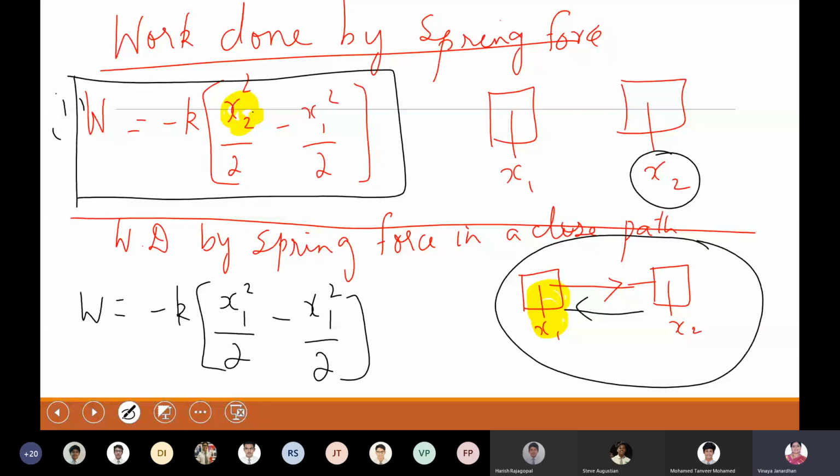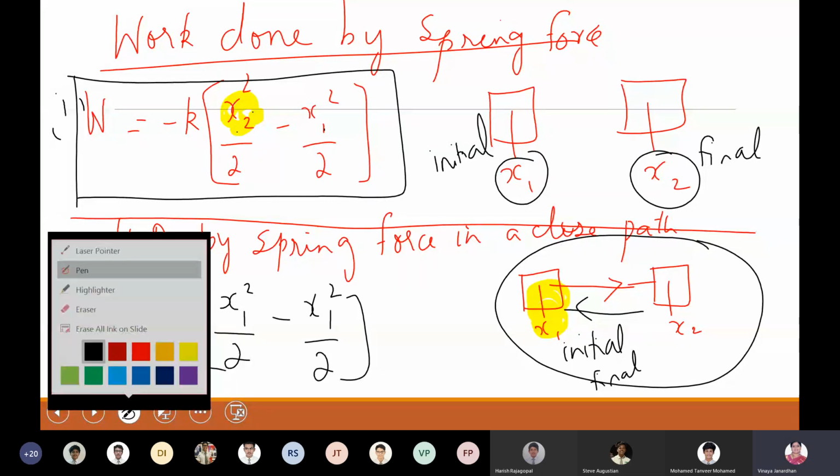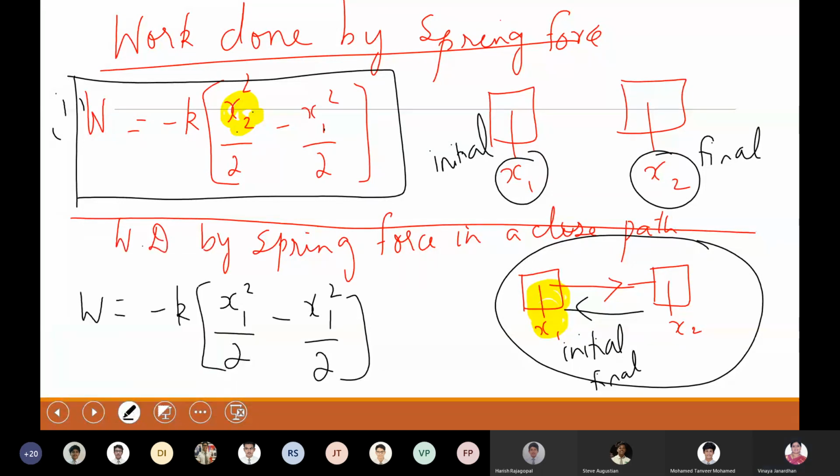In case 1, x2 was the final position, x1 was the initial position, right? Now look at the second scenario. X1 was the initial position, final position is also x1. In the previous case, x2 was the final position.